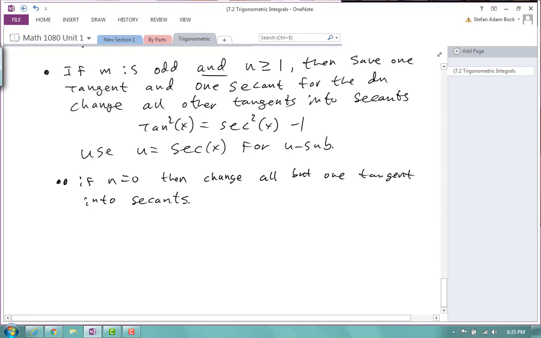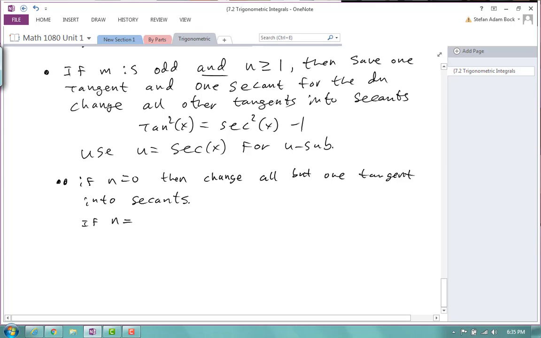What's going to happen here is your integral is going to split for these, and some of the tangents are going to have secants attached so that you can use a u substitution, which is fine. But there's going to be one where you're just going to be integrating tangent by itself.